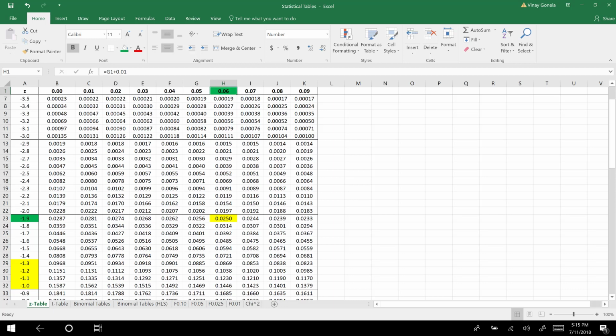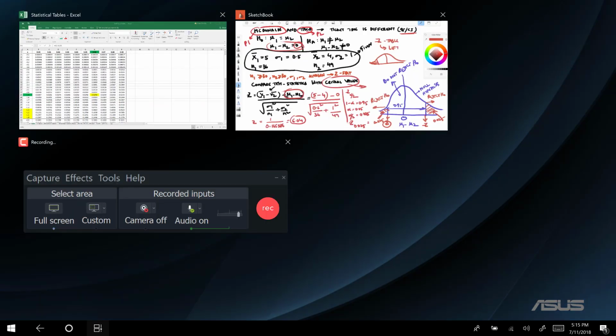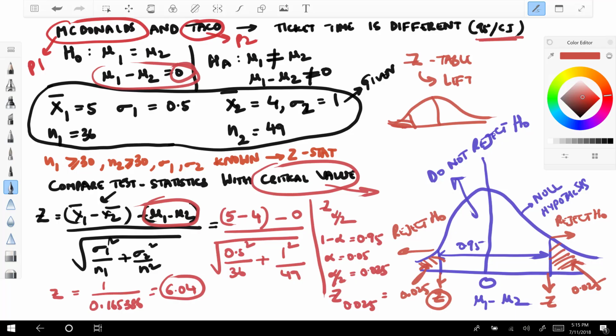So my z value would be negative 1.96. So I will go to my sheet, and this is negative 1.96. So this will be positive 1.96.